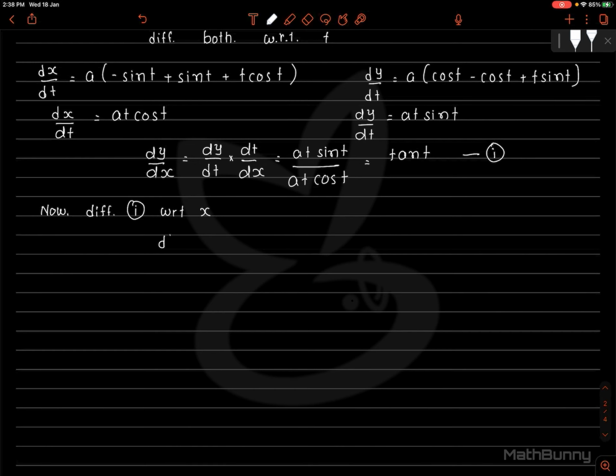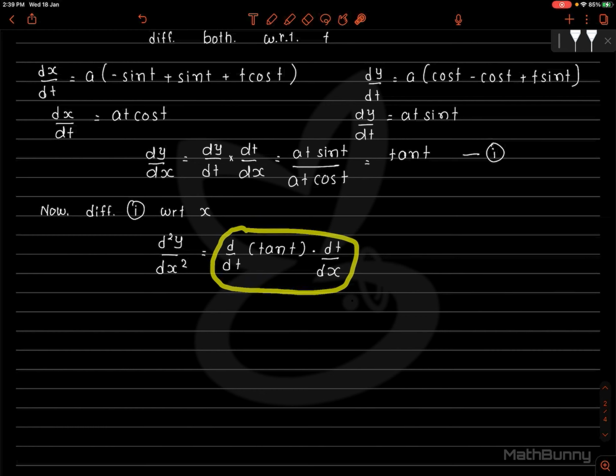We will get d square y upon dx square is equal to d by dt of tan t into dt upon dx. Of course, we know this is the chain rule, and as we know t is not constant, it is also variable.